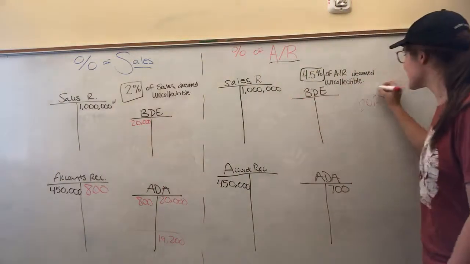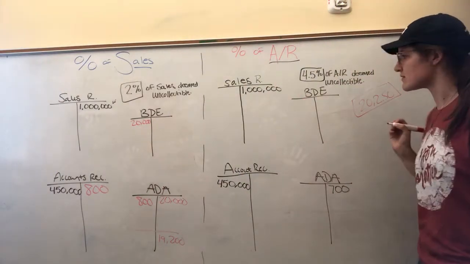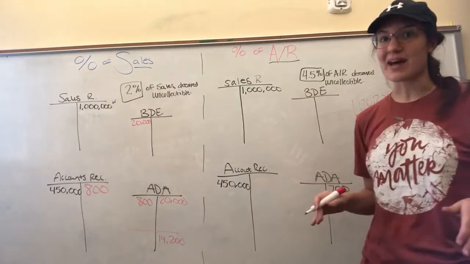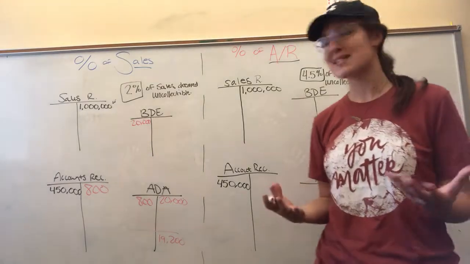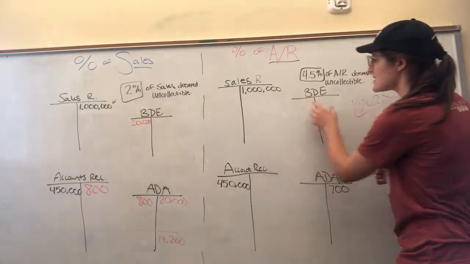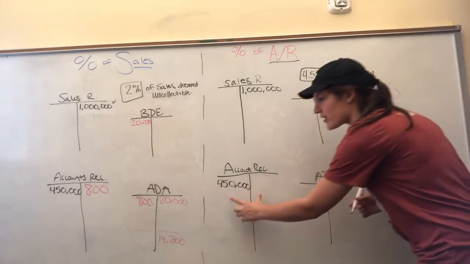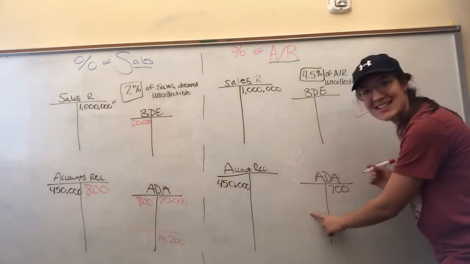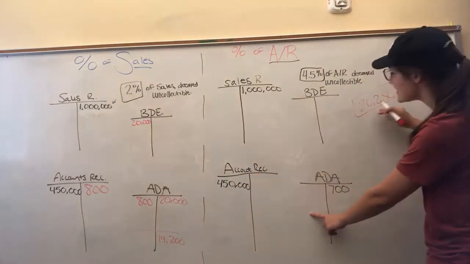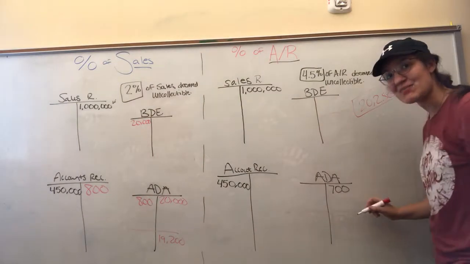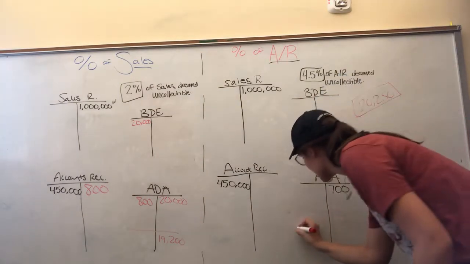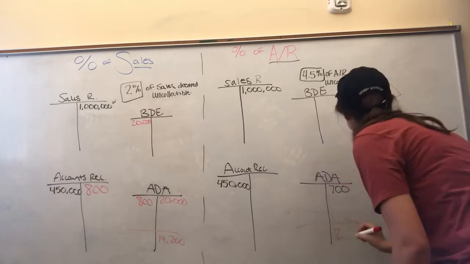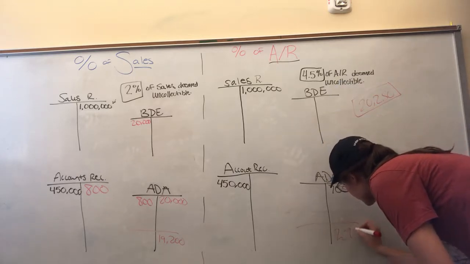So what is this number, 20,250? It is not our bad debt expense, which makes sense because sales revenue is connected to bad debt expense, where accounts receivable is connected to ADA. This number right here is the ending balance of our ADA, 2250.